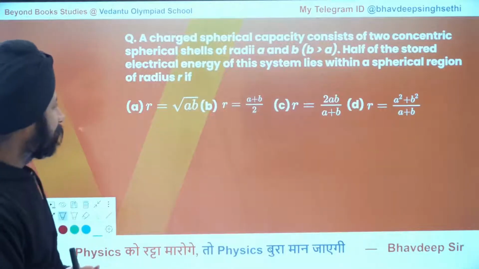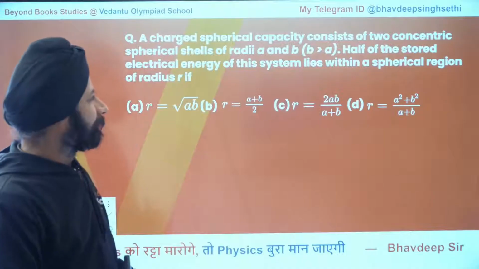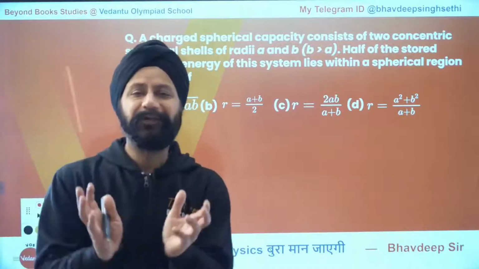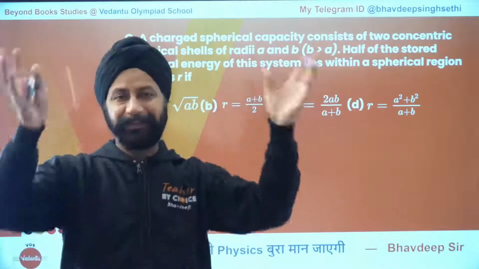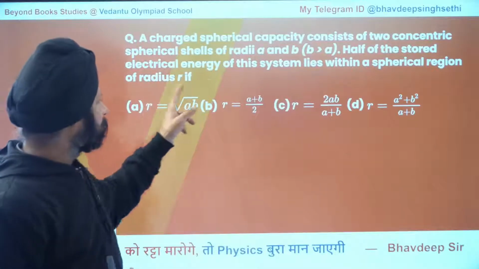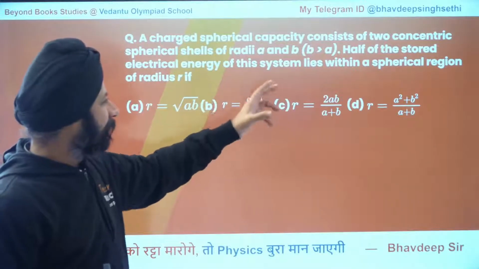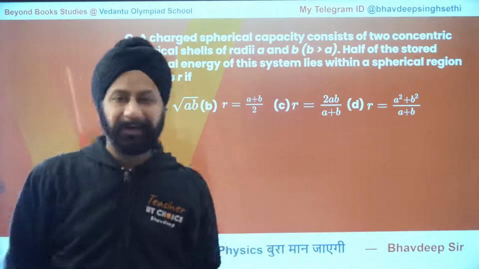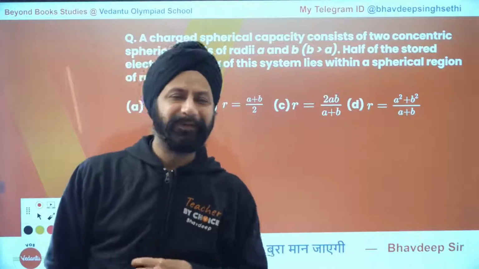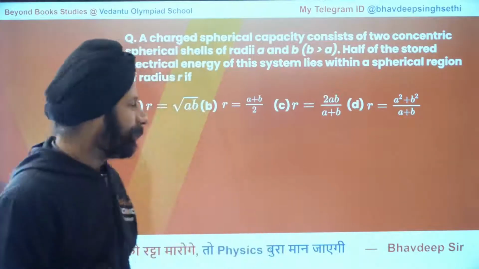A charged spherical capacitor consists of two concentric spherical shells. So there are two concentric shells of radii A and B, where B is the bigger one. Half of the stored electric energy of the system lies within a spherical region of radius r, if that r is this. So here there are multiple concepts coming into play. So let's go one by one.